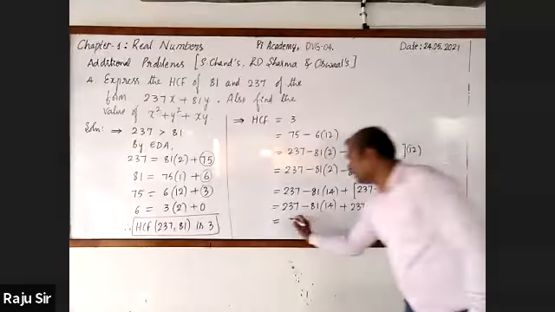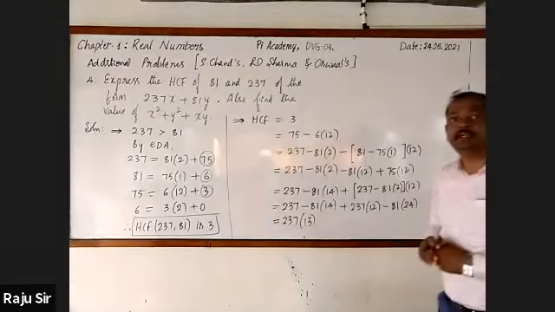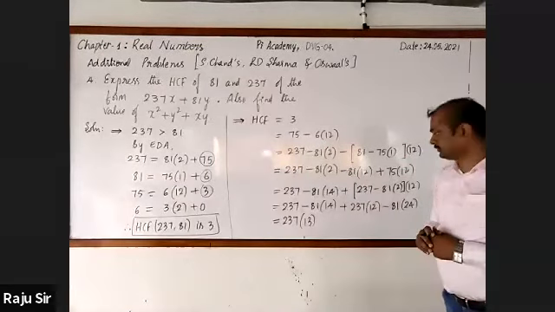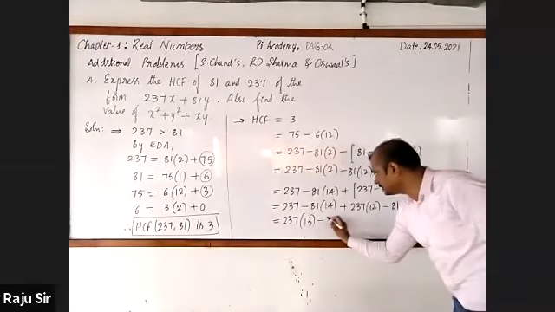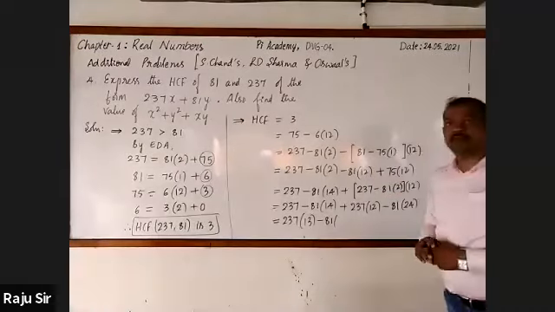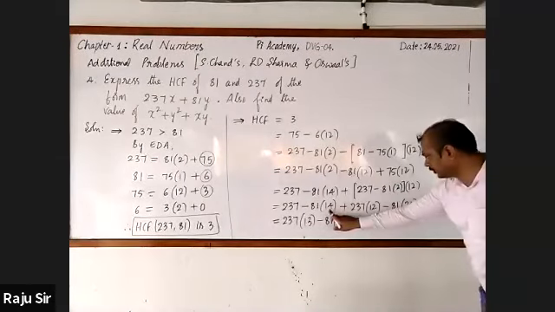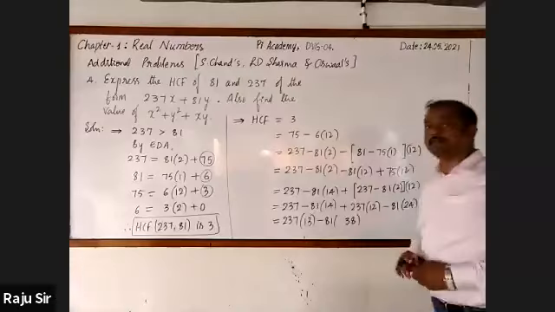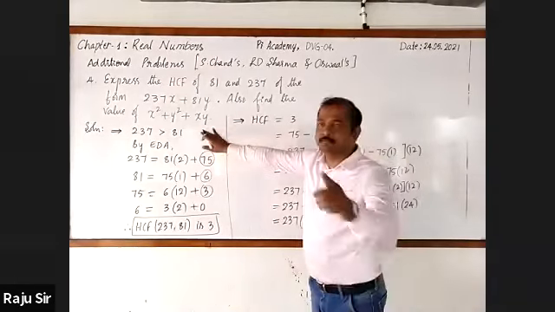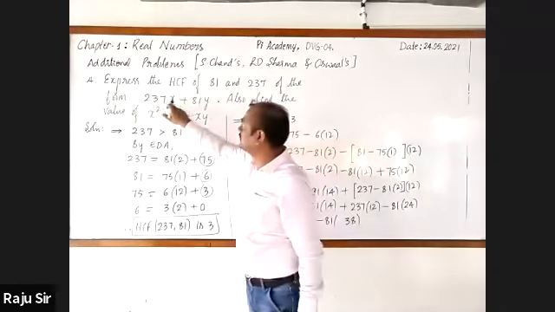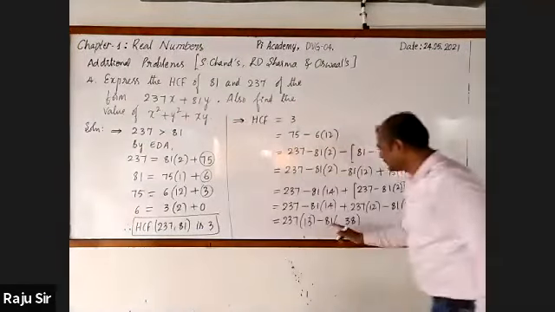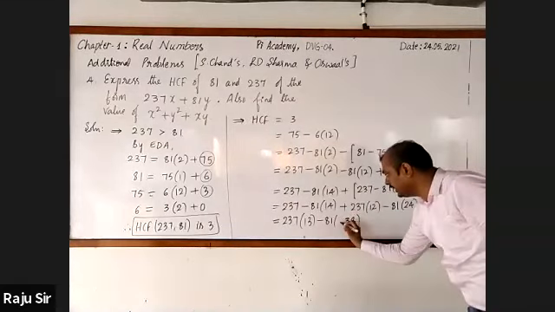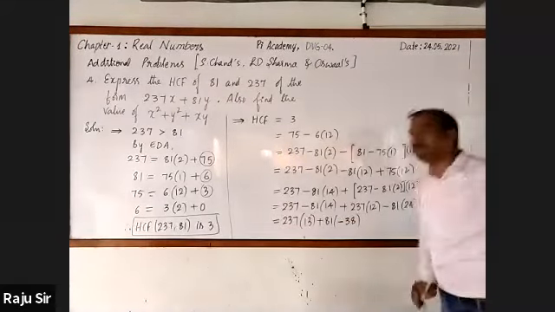Altogether 13 times. 237 13 times minus 81. Here 14 times plus 24 times, 38 times. As it should be expressed in the form 237x plus 81y, I'll take minus inside the bracket. And this will be plus.